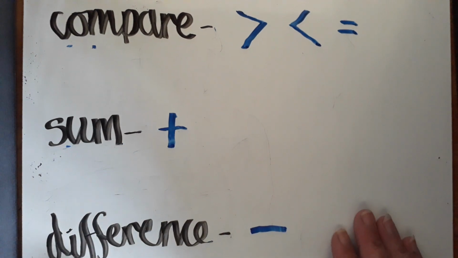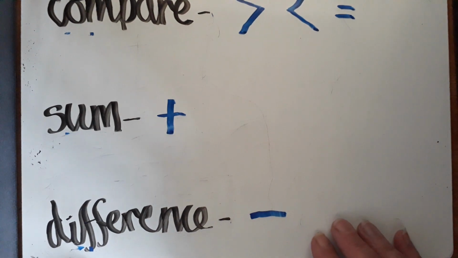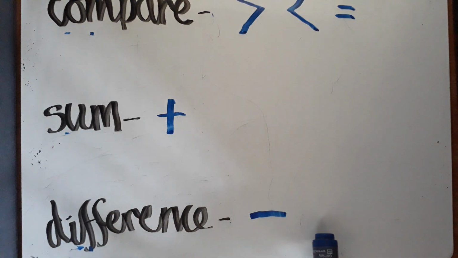And when we're trying to find the difference, which is left after subtraction, you need to subtract the smaller number from the bigger number. Okay, so our bigger number will go first, and then subtract the smaller number, and what is left will be the difference between the two numbers.